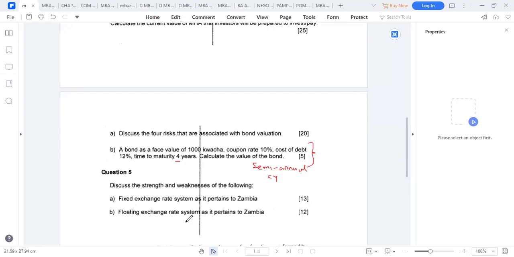So we've been given a question to answer. So I'll ask people to participate. What are we given in that question? We're given the face value of 1,000 kwacha. Then the small I, 10%.